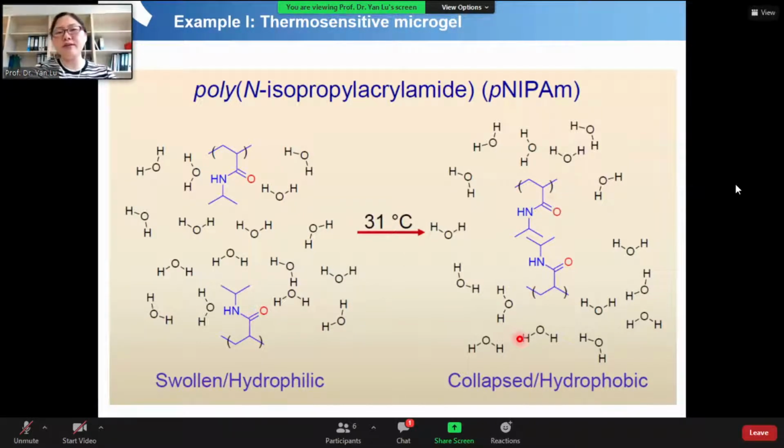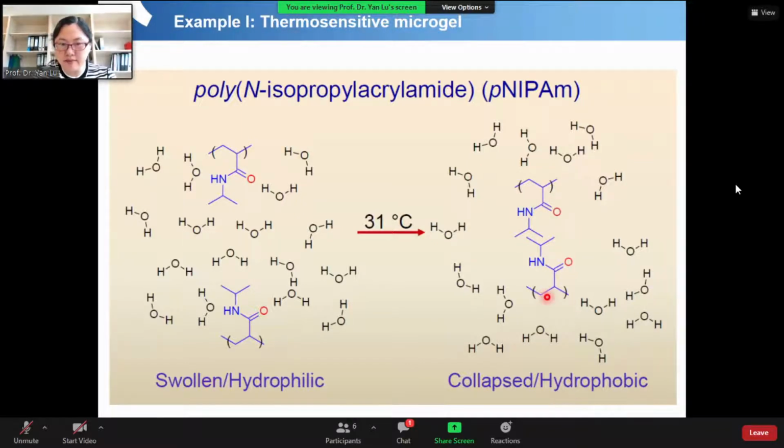Meanwhile, at lower temperature, because they have hydrogen bonds with water, the polymer chains are more hydrophilic. But when we increase the temperature, the hydrogen bonds will be broken, and the polymer chains will be more hydrophobic.